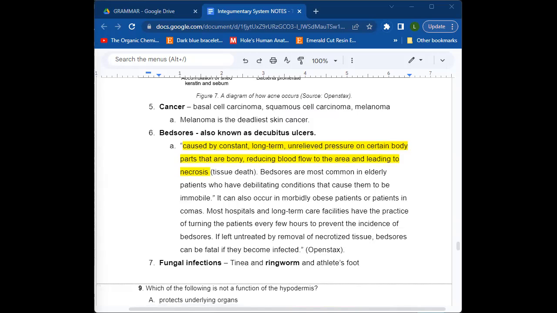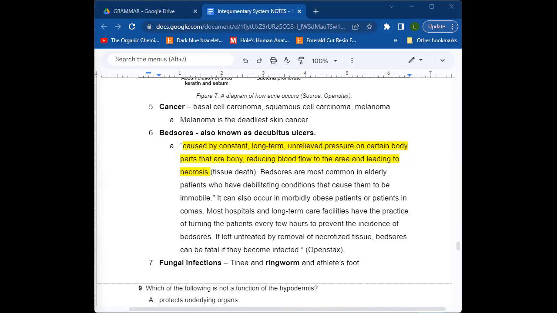Okay, then for bed sores, we need to know that bed sores are also known as decubitus ulcers. The decubitus ulcers, or in other words, the bed sores, are caused by constant, long-term, unrelieved pressure on certain parts of the body that are bony.